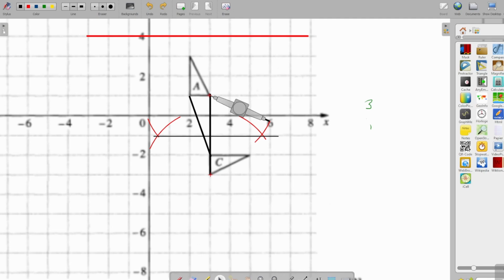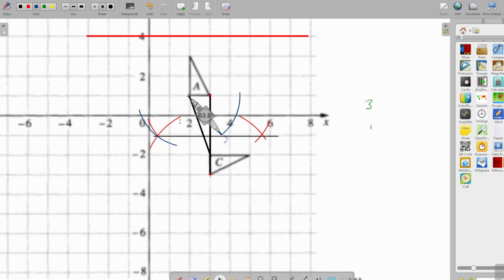And now let's figure out the perpendicular bisector of the other one. So again, a little bit more than half, which that is a little bit more than half. Let's try blue for this one, make an indicator here, and then also make an indicator here.